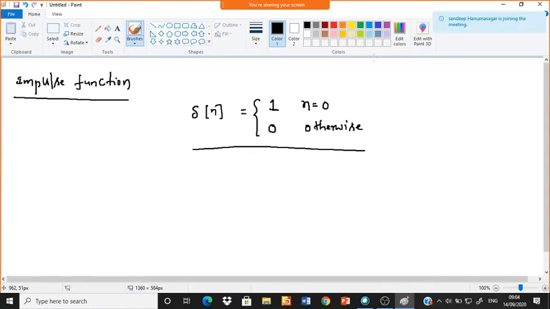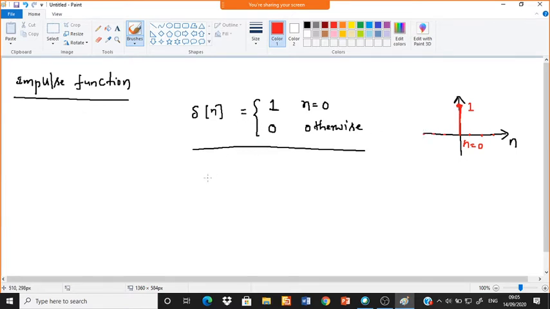Now how will it look in the plot? If we take this as n, this will be your impulse function. Only at the particular value n equal to 0 it takes the value 1, otherwise it is 0. Whatever other values of n you take, it will be 0.